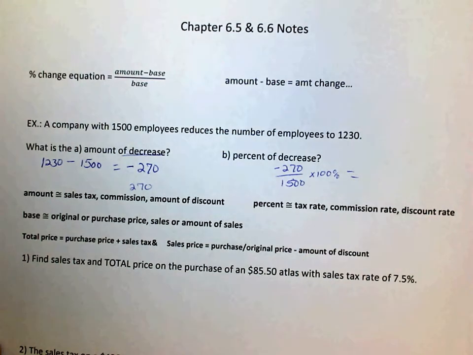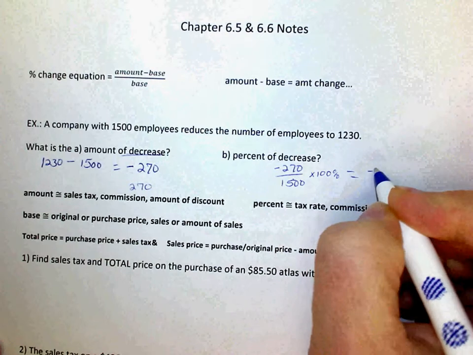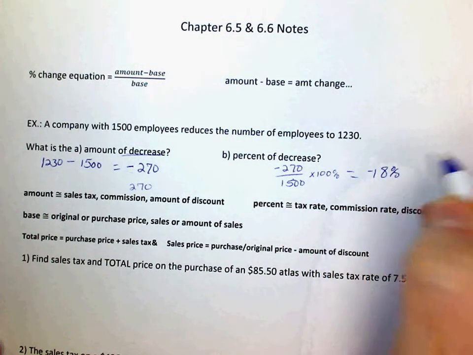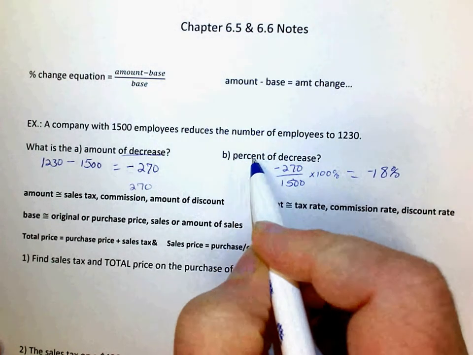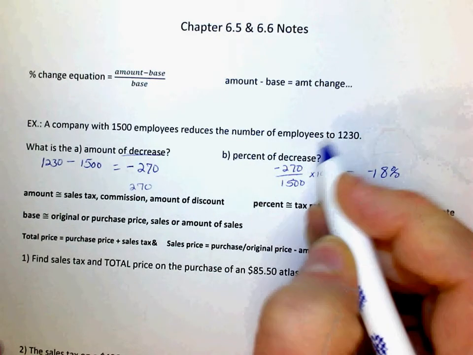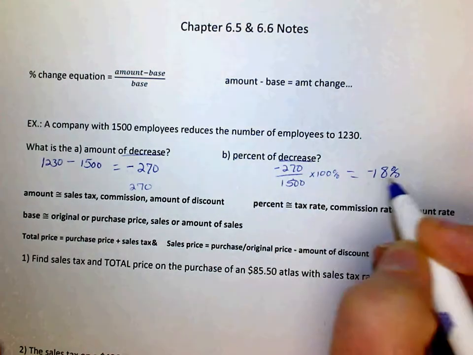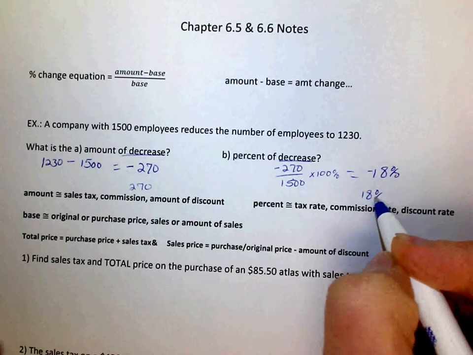So negative 270 divided by 1,500 and then times by 100 gives us a negative 18%. Again, if they just ask for the percent change, you're going to put the negative. If they ask for the percent decrease, then you're just going to say 18%.